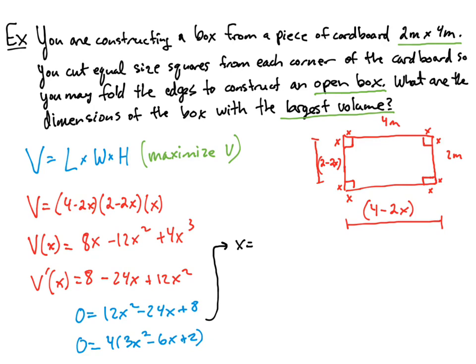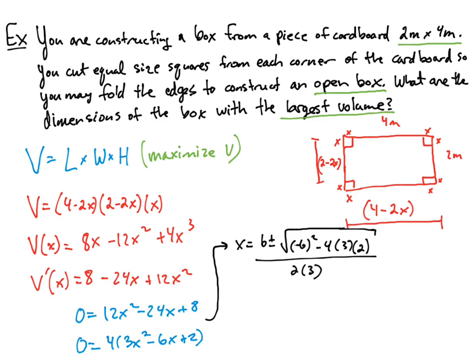So x is going to be the opposite of b, plus or minus the square root of b squared minus 4 times a times c, all over 2 times a.